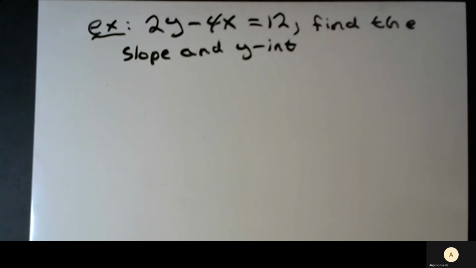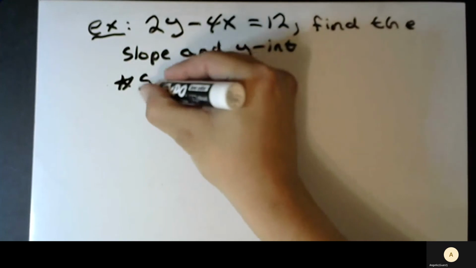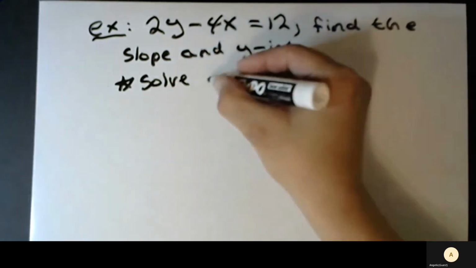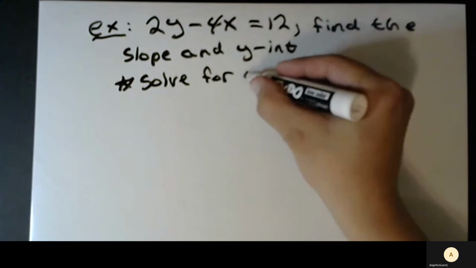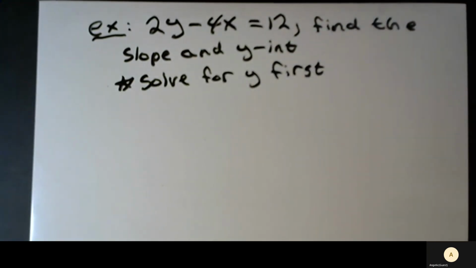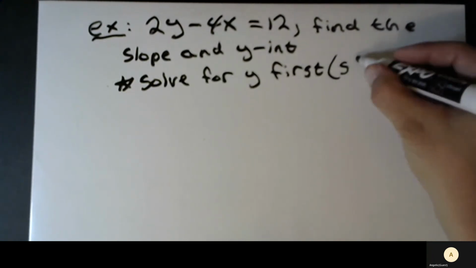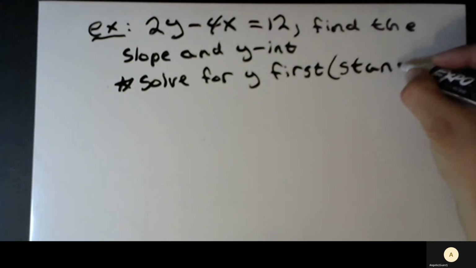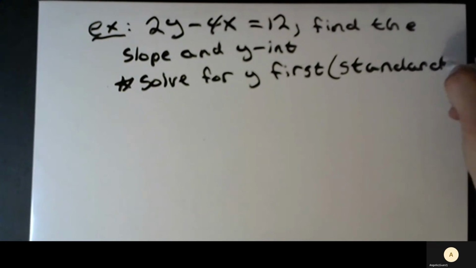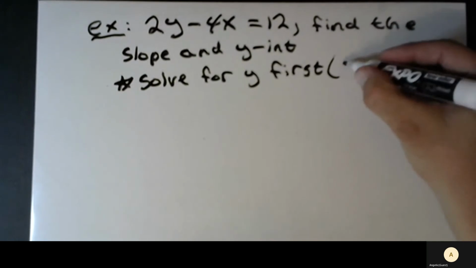Find the slope and y-intercept. Now, a key thing we want to do is make sure we solve for y first. Actually, no, I'm sorry, that's not called standard form for a line.